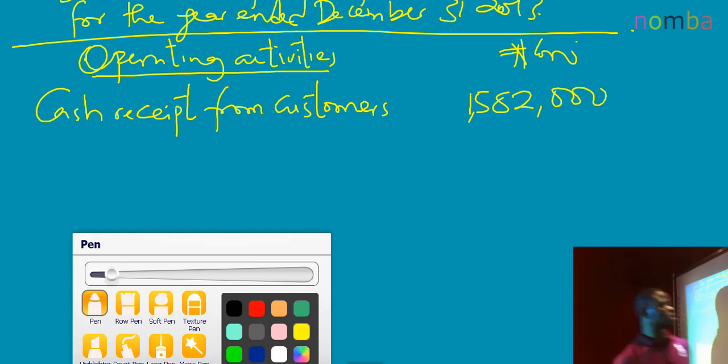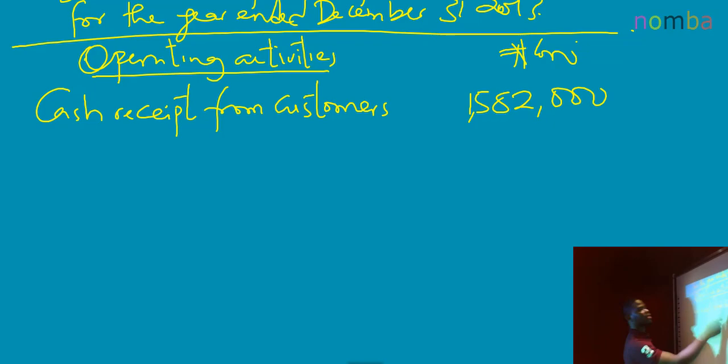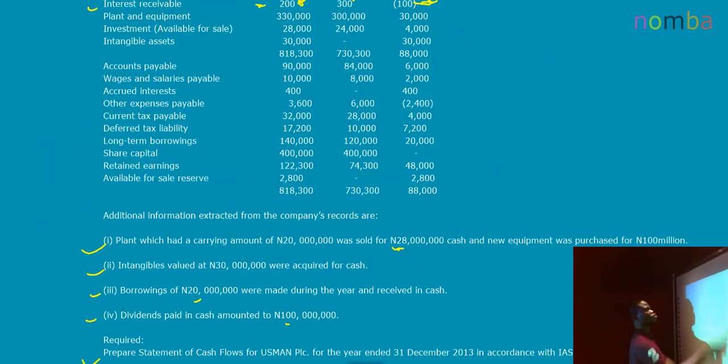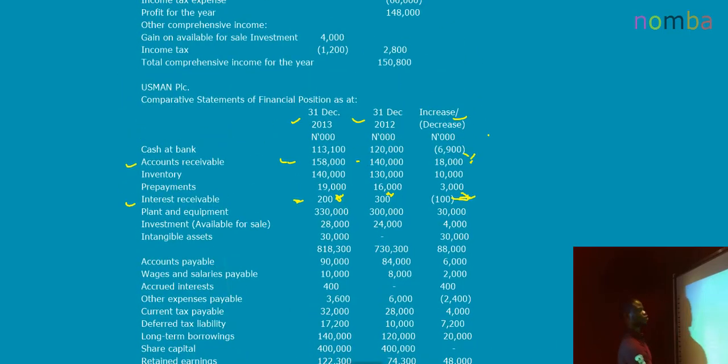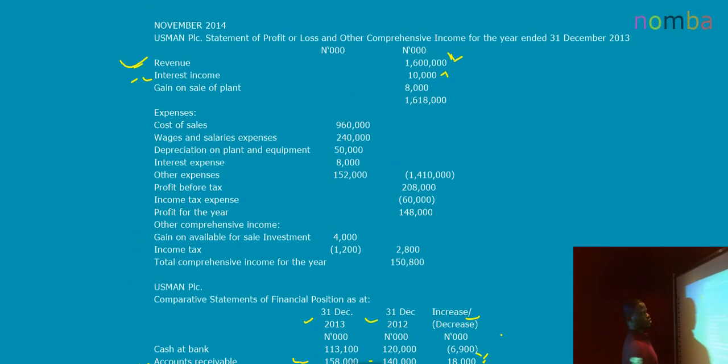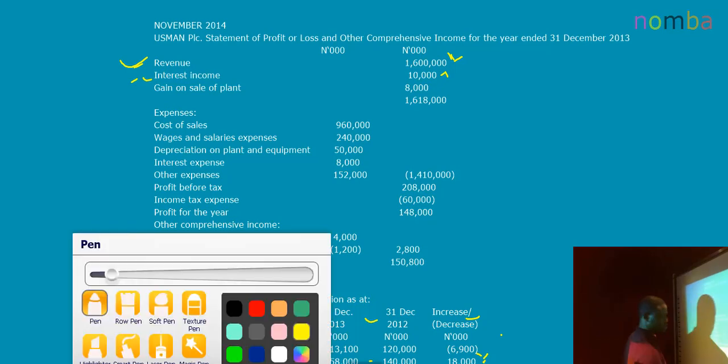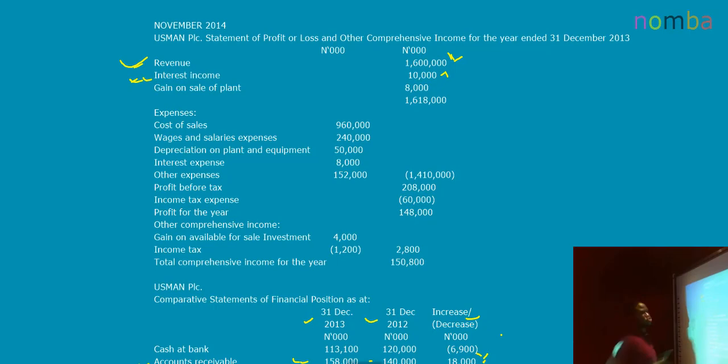But in this case, we were not specifically told whether this interest relates to a long-term investment or a short-term investment. We were not given the detail in this question. So what should we do? You can either treat it as operating activities, or you can treat it as investing activities.